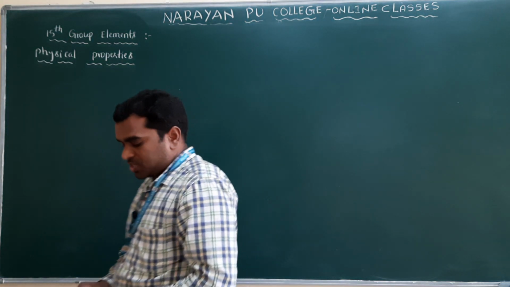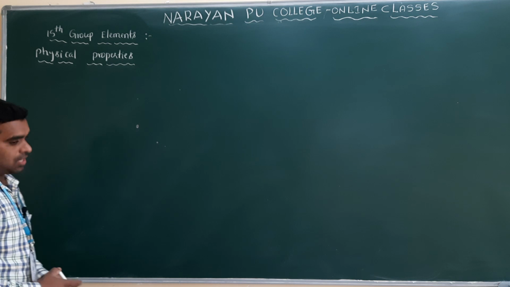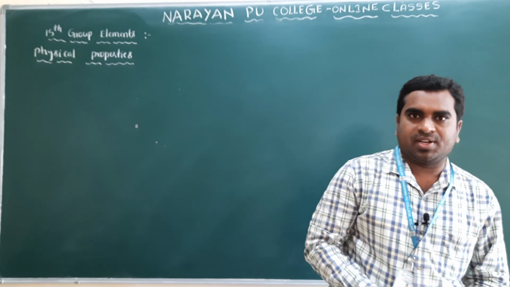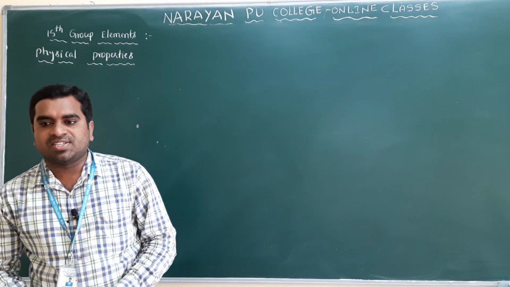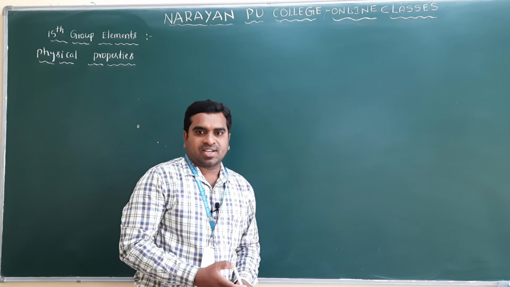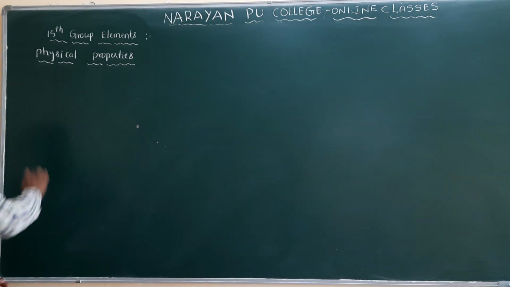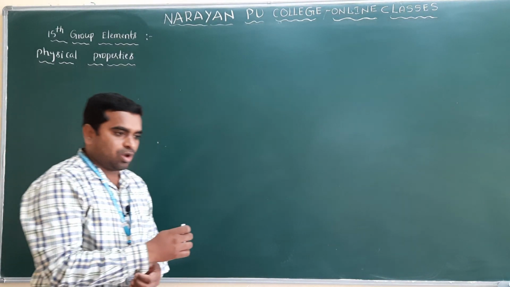So in the last video we have discussed about physical properties. We have completed 6 physical properties in the last video. The first one is physical state, and the second one is atomic and ionic radii.